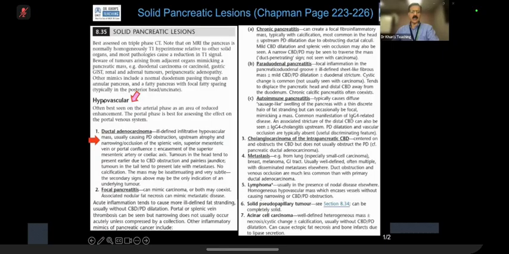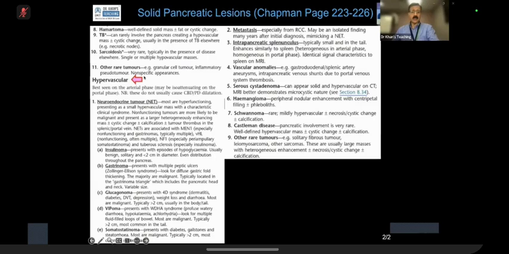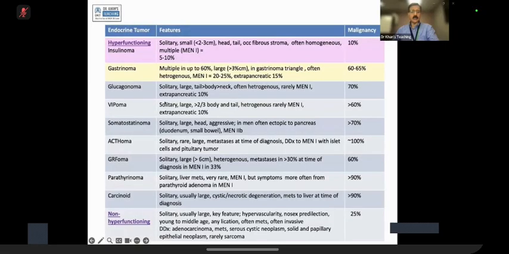Look at this, hypovascular. Pancreatic carcinoma is hypovascular, and that is why it is hypodense compared to the parenchyma. And then there are hypervascular tumors. Neuroendocrine tumors are extremely important for your exam.